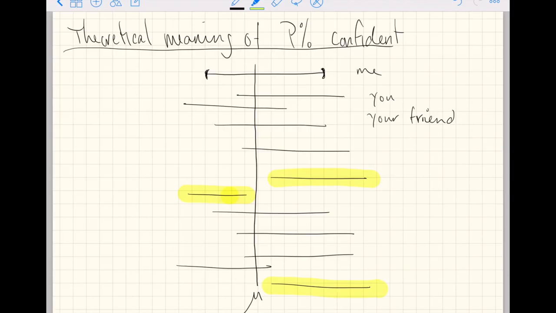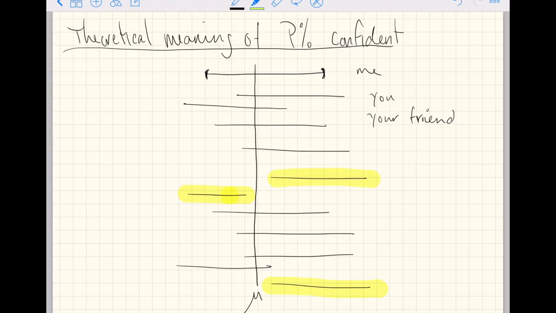The weird thing about confidence intervals is they are actually statements about theoretical resamplings from the original population. And under each theoretical resampling from the original population, that p%, whether it be 95% or 80%, of those theoretically resampled and calculated confidence intervals would capture the true population parameter, whatever number it might be.